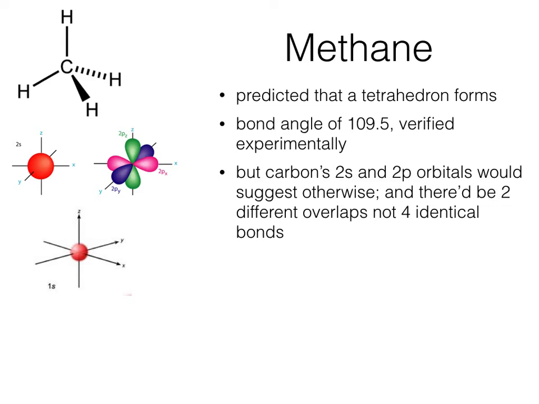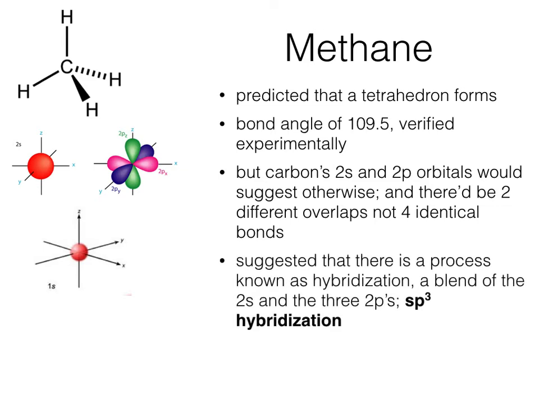We would have two different kinds of overlaps between the hydrogen 1s suborbital and either the 2s or the 2p suborbitals in a carbon atom. We certainly won't get four identical bonds.